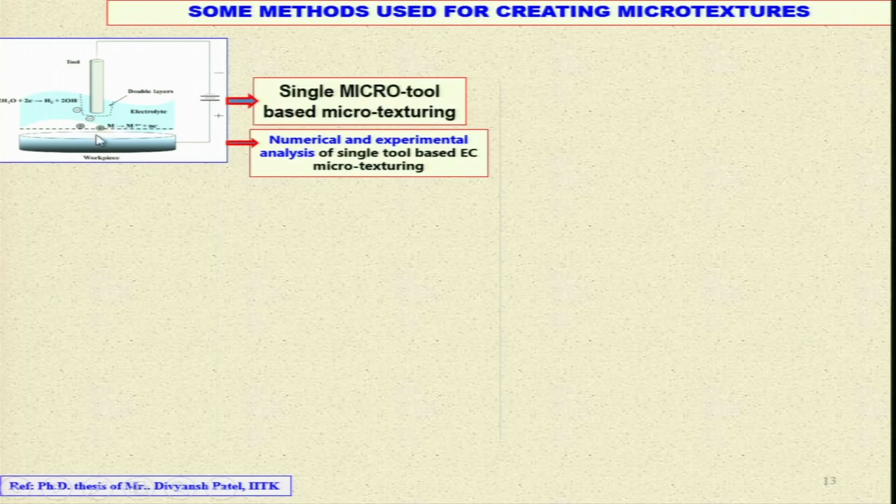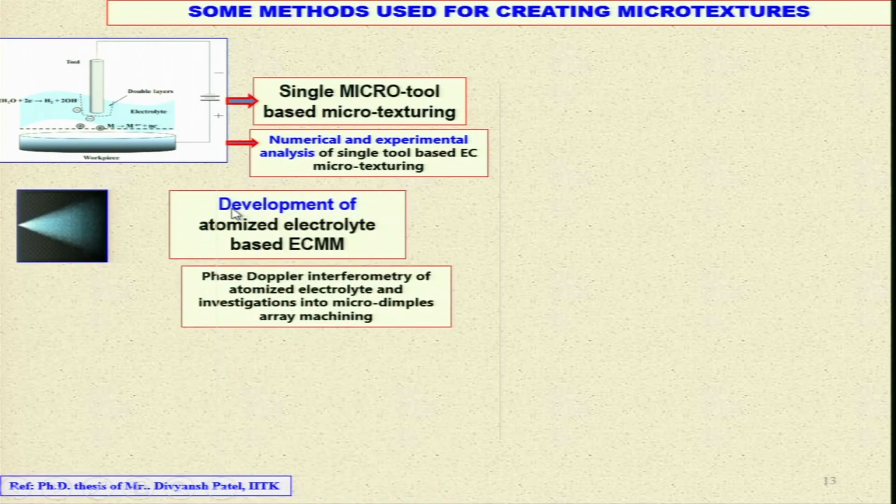You can also do the simulation for what type and size of textures you are going to get, and you can compare the experimental and simulated results. Development of atomized electrolyte based electrochemical micromachining. Here an atomized jet is being used for creating the microtextures.